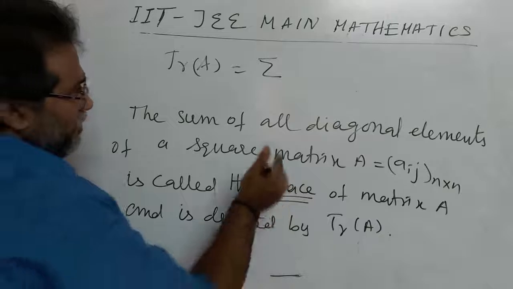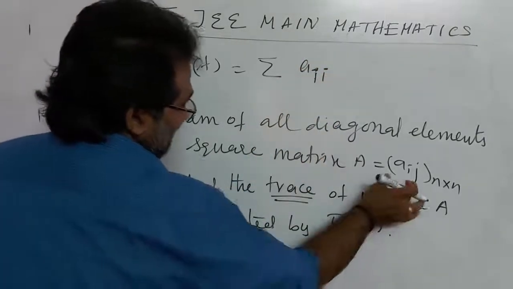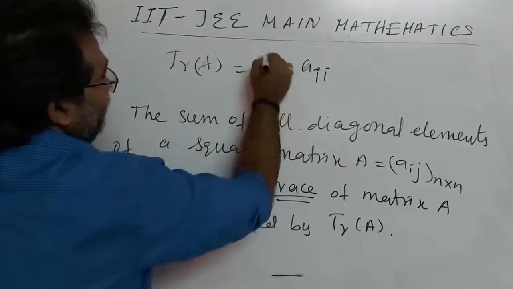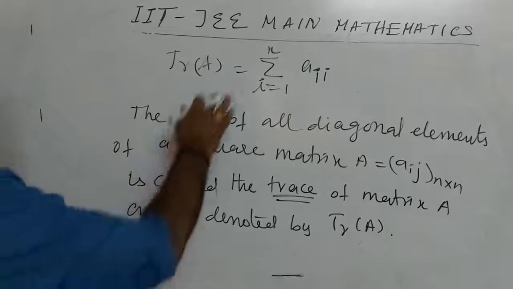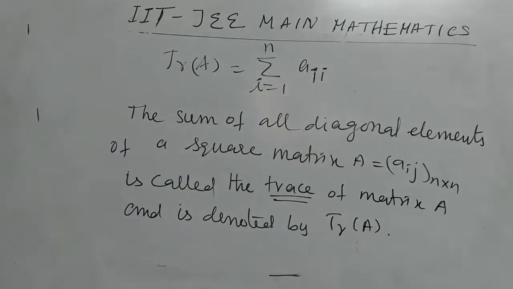In diagonal elements, the rows and columns should be equal. Here the matrix Aij. Here we have Aii, i varies from 1 to n. You have to add all diagonal elements.